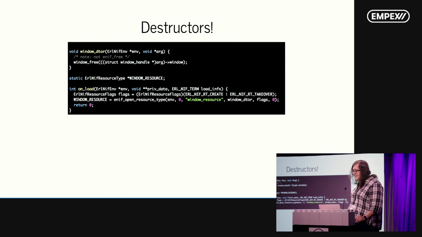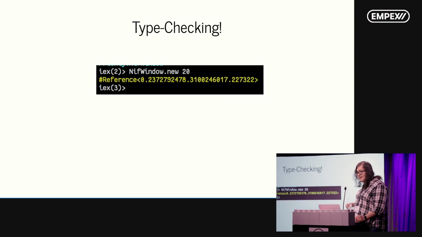And this is what it looks like. It's a huge function call at the bottom, but the destructor is just free. And that's what it looks like in Erlang. In Elixir, we just get this reference type that contains some opaque blob.